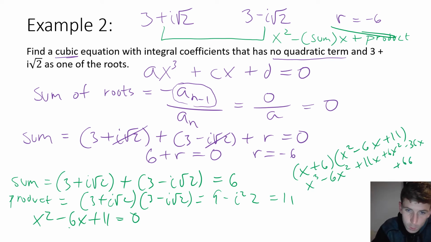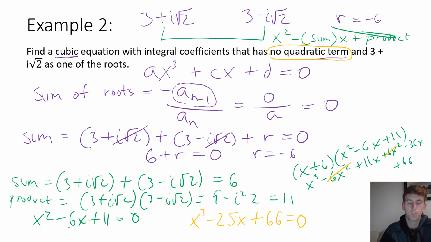Just to finish this off, we are almost there. The 6x squareds cancel out, which they should, because remember, we don't want any quadratic term. That was one of the characteristics at the top. So x cubed, 11x minus 36x will be minus 25x plus 66 equals 0. And there's our answer right there.